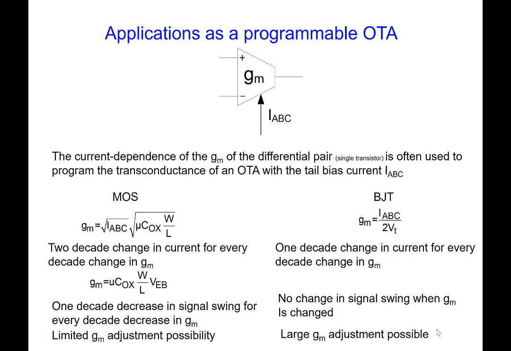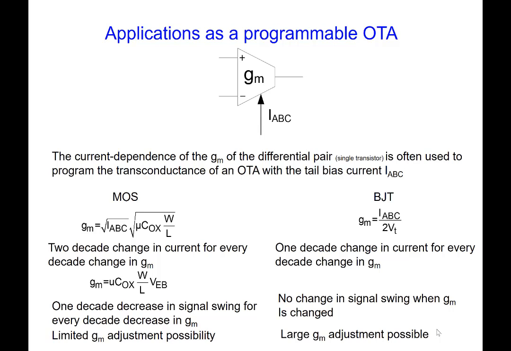And if you look at the gm, it's proportional to V excess bias.